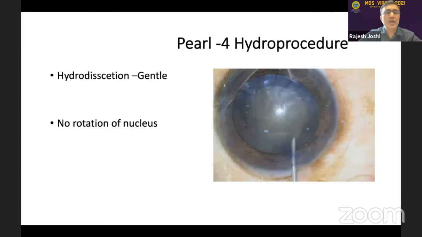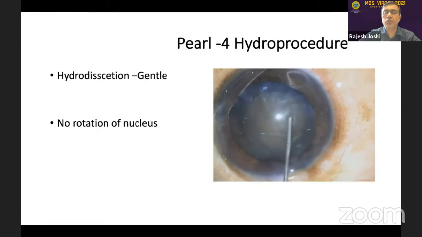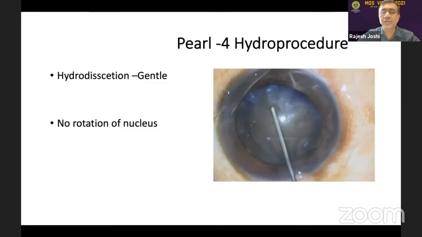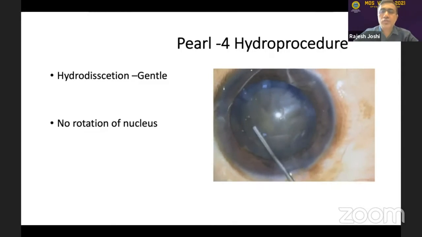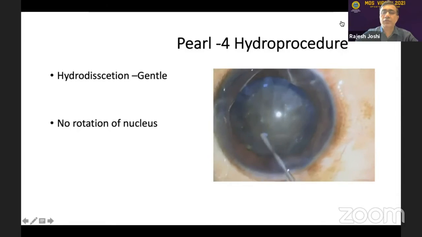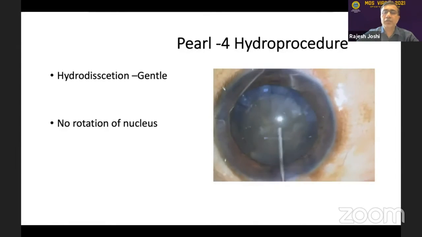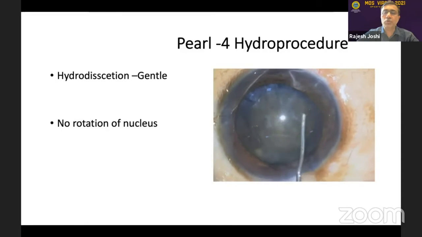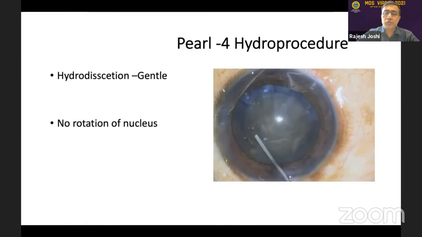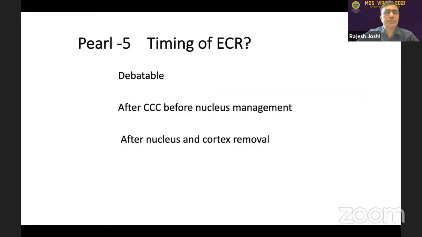Hydrodissection has to be gentle, and you should not rotate the nucleus too much because rotation can increase the zonular dehiscence. You can see the extravasation of the dye from the area, and this is likely to be difficult while you perform chopping of the nucleus. So always keep a capsular tension ring ready in such a situation.